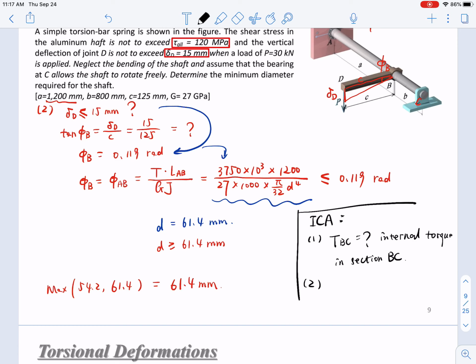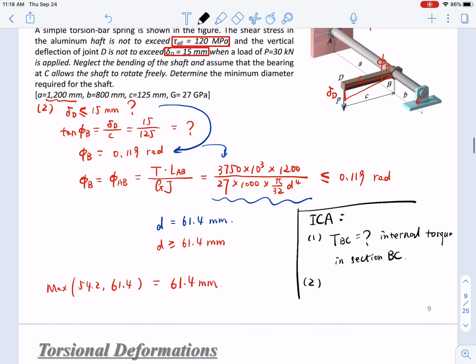Second one will be what is the phi C? Okay, the angle of twist at point C. These are the 2 questions for you for the in-class assessment.